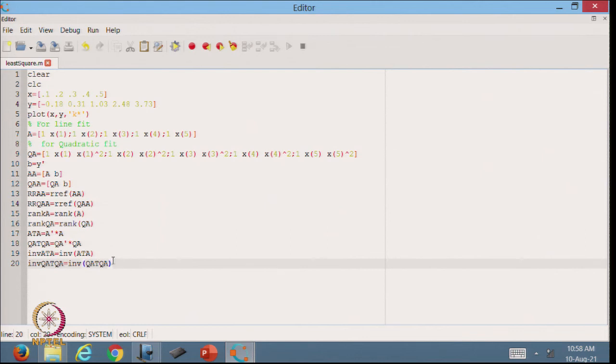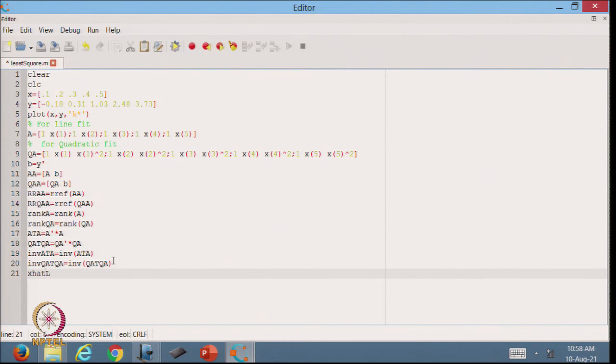Now I want to find the solution of this one. After defining, I want to find the x hat for A, and then x hat for QA. So, let us define the x hat, for the corresponding line.